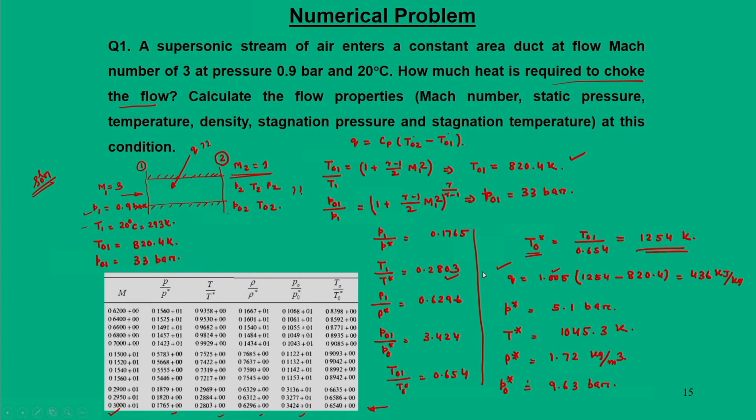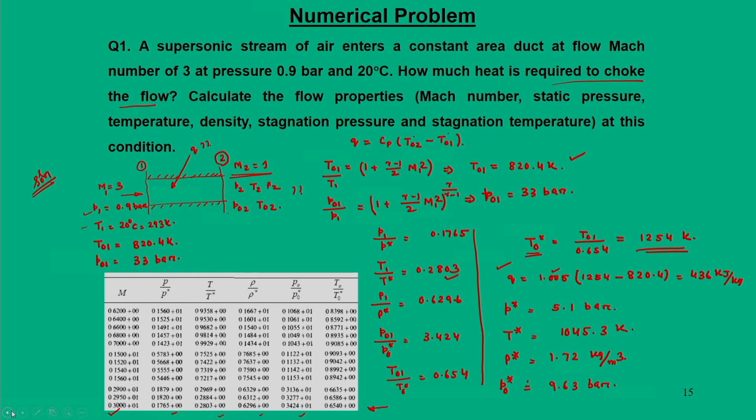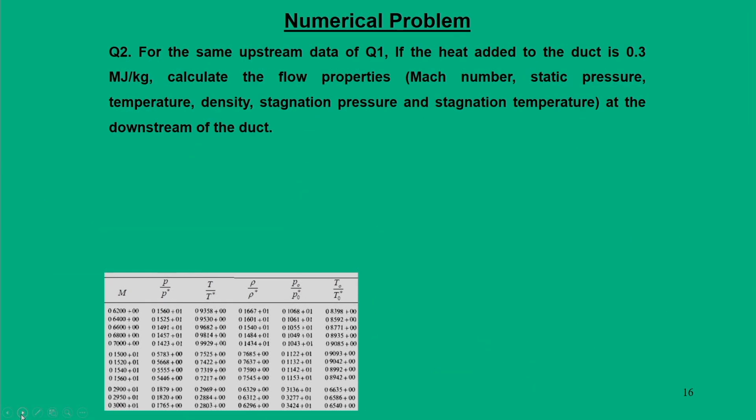Okay. So, this is one problem. In the second problem, what has been given is the same upstream data of question 1, if heat added is 0.3 megajoule per kg. We have shown that in this case the heat required to choke the flow is 436.